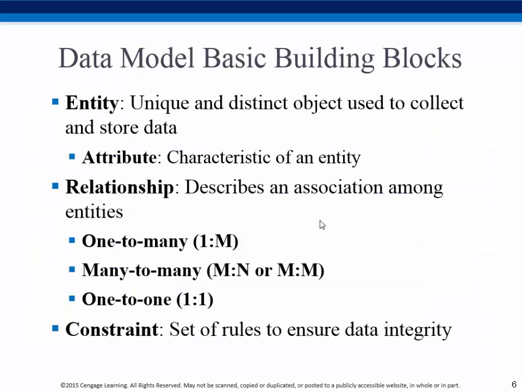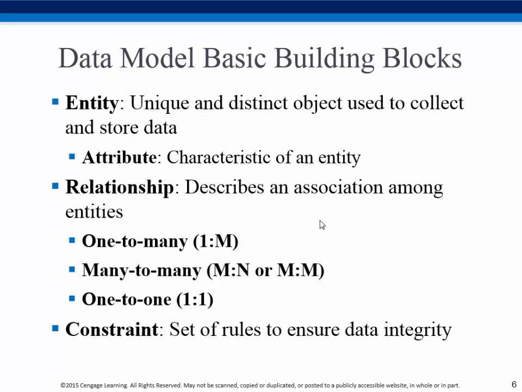Alright, the basic building blocks of all data models are entities, attributes, relationships, and constraints. An entity is a person, place, thing, or event about which data will be collected and stored. An entity represents a particular type of object in the real world, which means the entity is distinguishable, and each entity occurrence is unique and distinct.